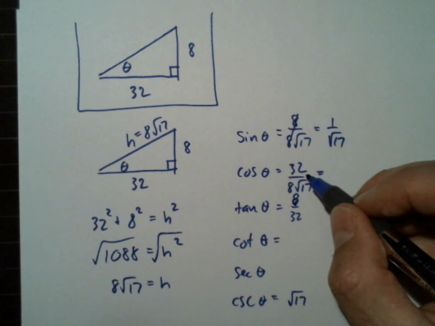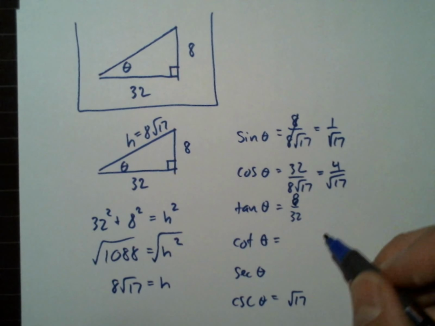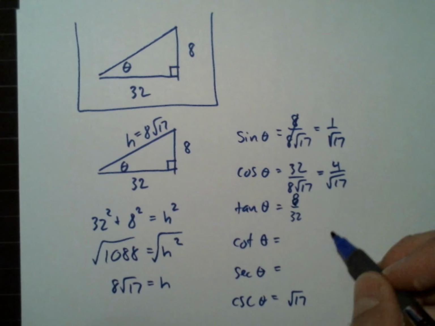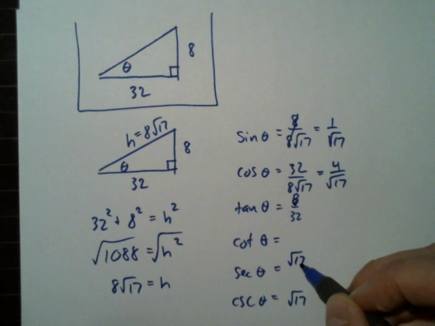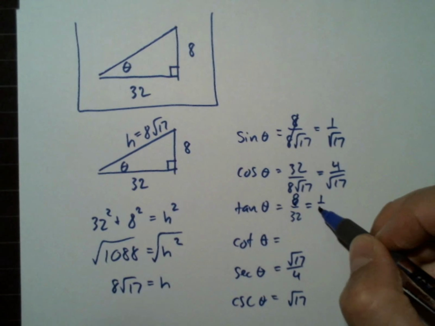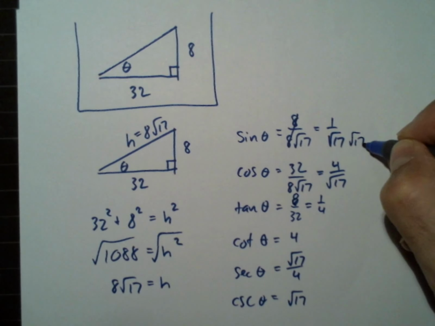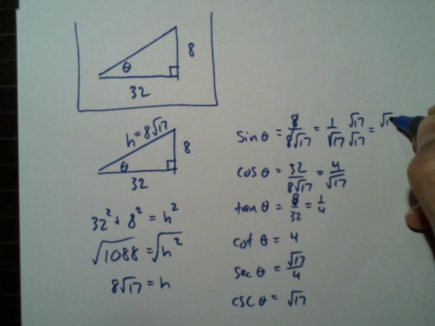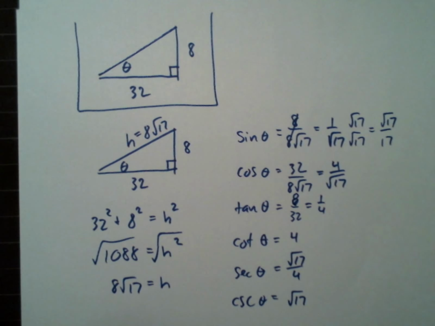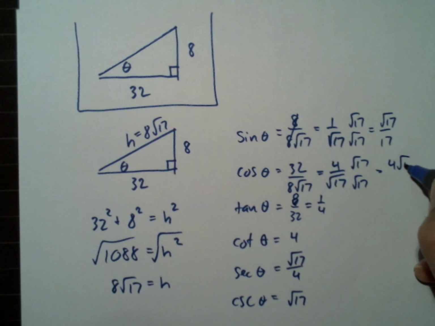We can reduce this 32 and 8, so that'll be 4 over radical 17, and it'll give us the secant. And then this is 1 over 4, so we get 4 here. Multiply by the radical, 4 radical 17 over 17.